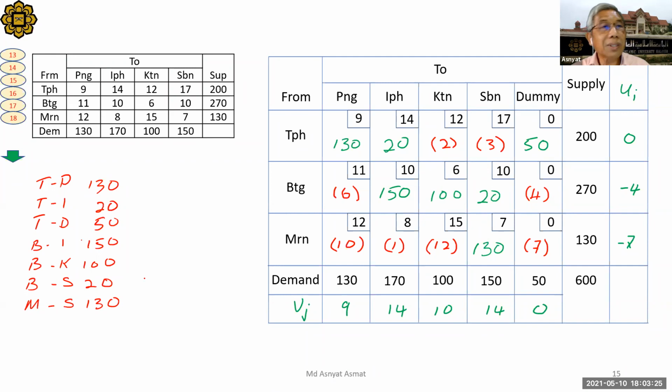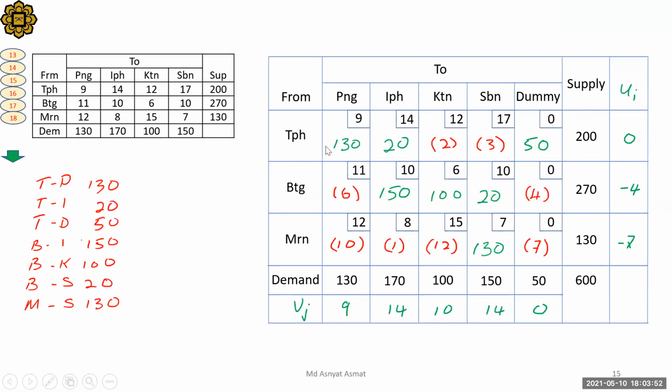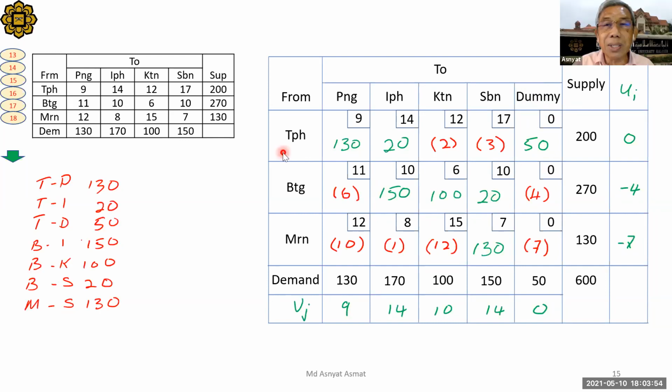Okay, which warehouse has extra supply? Tapah. By how many units? 50. Good. Tapah has 50 units supplying to Dami. Dami is quite fictitious. So can Tapah supply to somebody else other than Penang, Ipoh, Kuantan, Seremban?